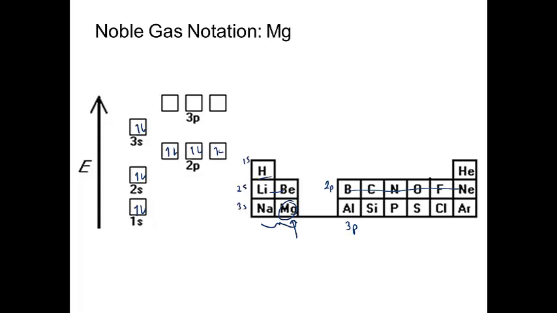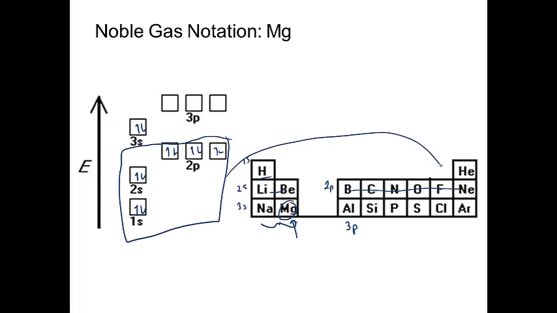What the noble gas notation says is take everything below here, that equals neon. So that's neon, and then what we have left over are just those extra electrons in the highest shell, which is 3s2. So that's the noble gas notation.